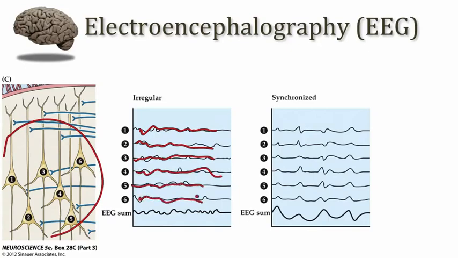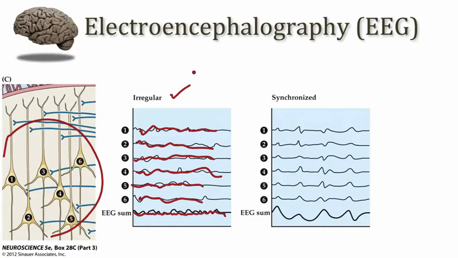And the algebraic sum of those waves, which is what would be seen with the scalp electrode, is a low amplitude but higher frequency kind of pattern. So this is consistent with an irregular pattern of activity at the level of inputs to a population of neurons. This is actually consistent with the transfer of information and the processing of signals that might be going on within a cortical column.